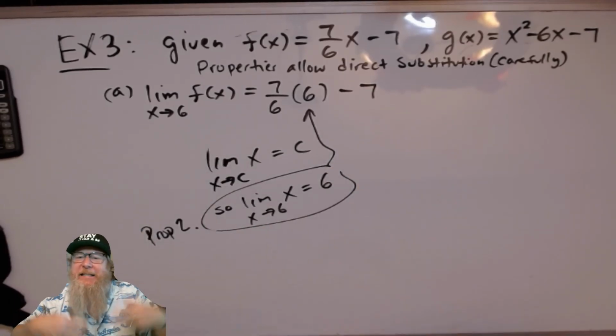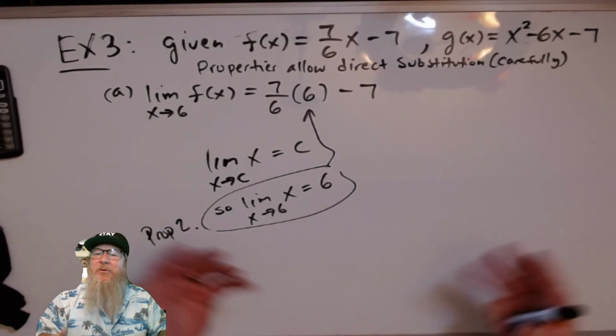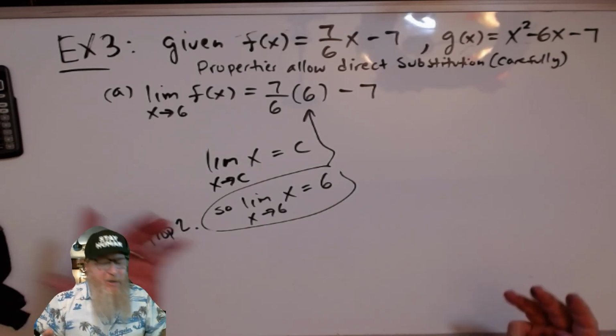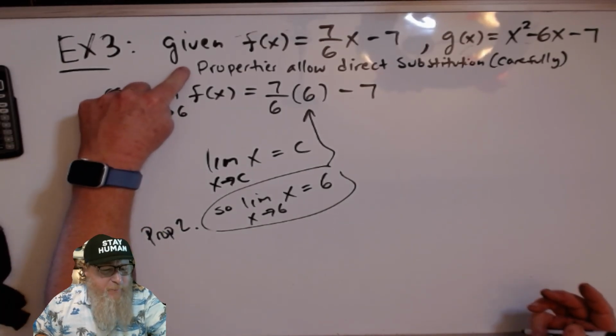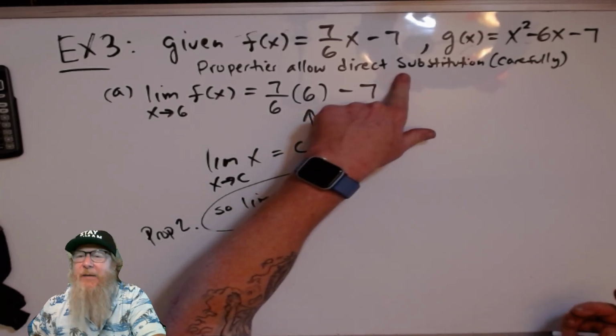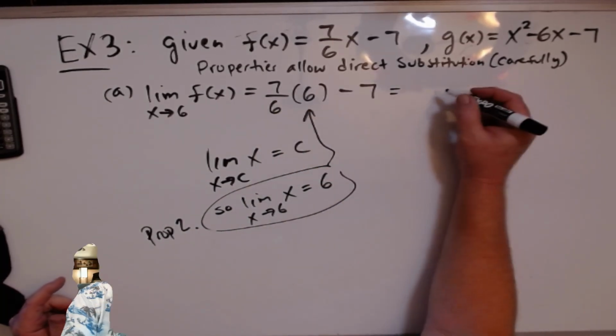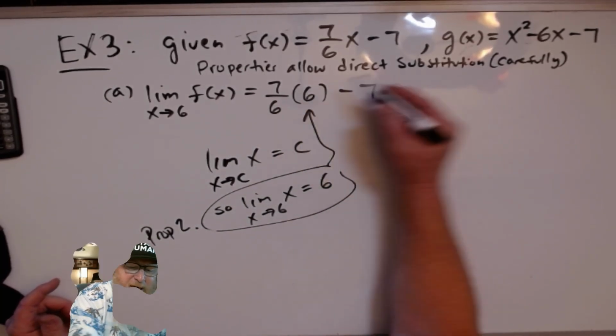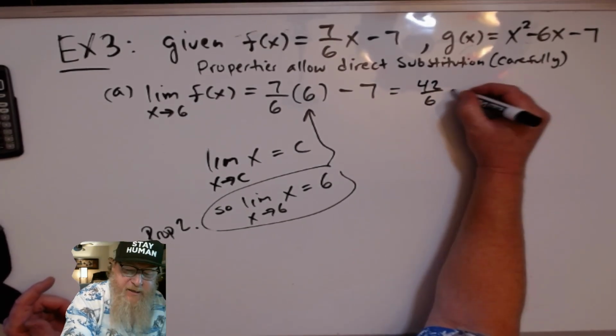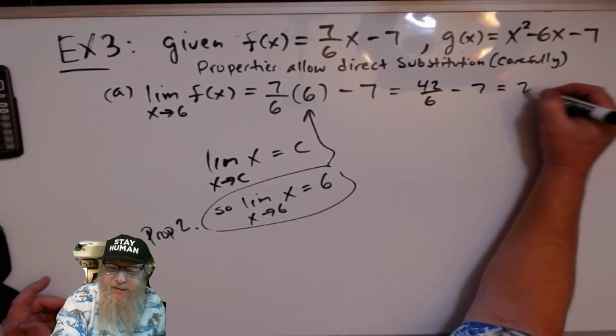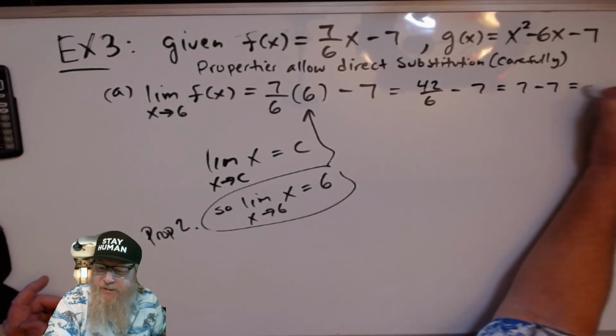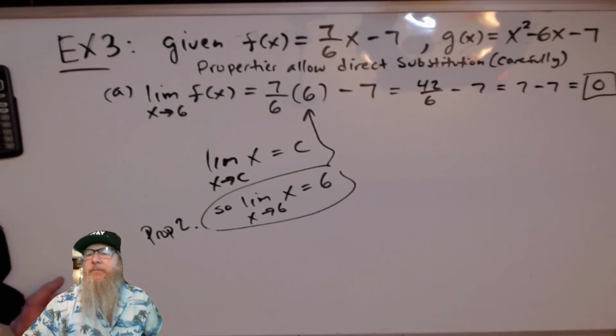So on a day-to-day exercise, or when you're going through your homework, this is how you're going to do it. You're going to read the limit, you're going to look at the properties, and you're going to apply direct substitution. You do have to do it carefully. So 7 times 6 is 42 over 6, which is 7, minus 7, which is 0.